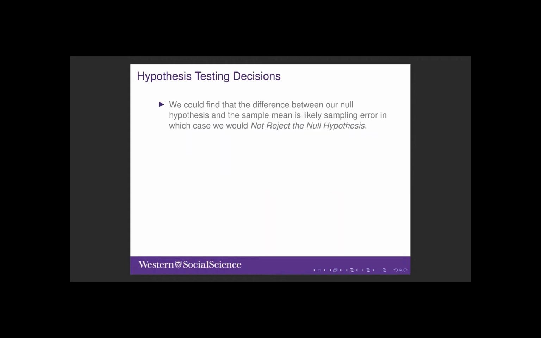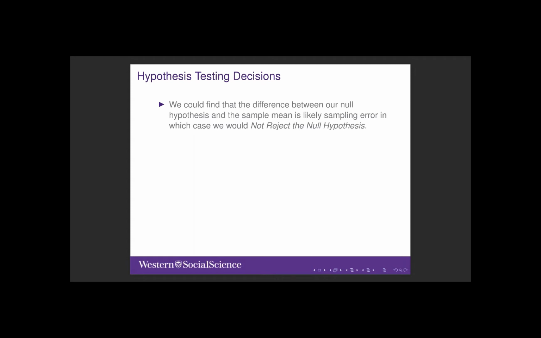Hypothesis testing is a place where subtle differences in language can be quite meaningful. So it's worth discussing what I think are the right and wrong ways to talk about the decisions that we make regarding our hypotheses. What if the evidence really suggests that the difference between our sample value and our null hypothesis value is just random?